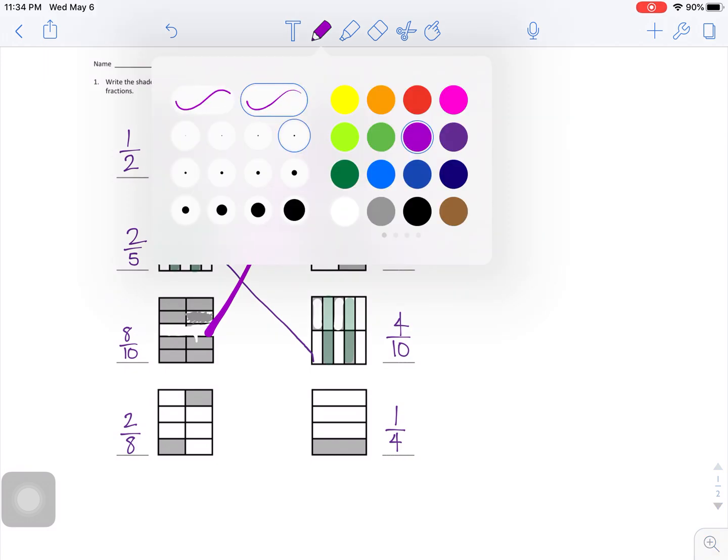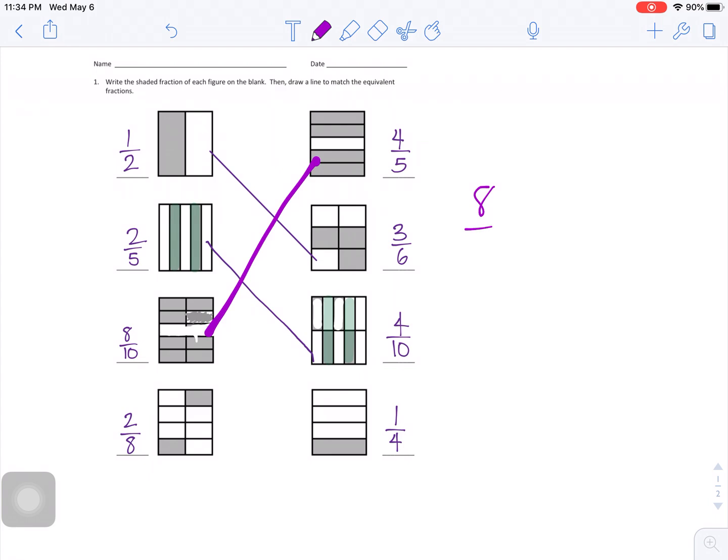Because it's true that if I have 8/10 equal to 4/5, what number would I divide to get to 5 from 10? 10 divided by what gives me 5? Or, going the opposite way, 5 times what gives me 10? Yeah, it's 2.